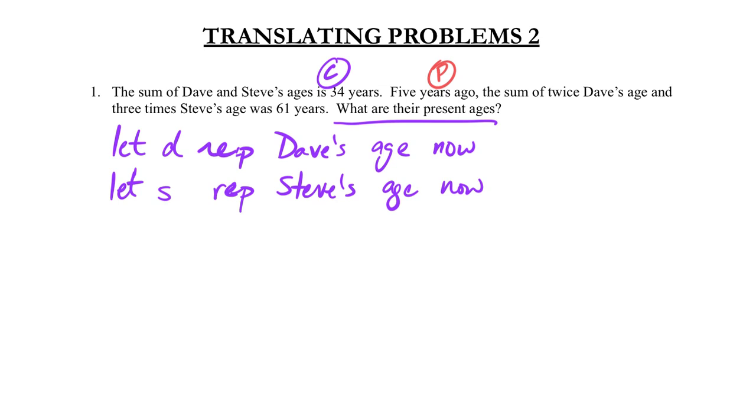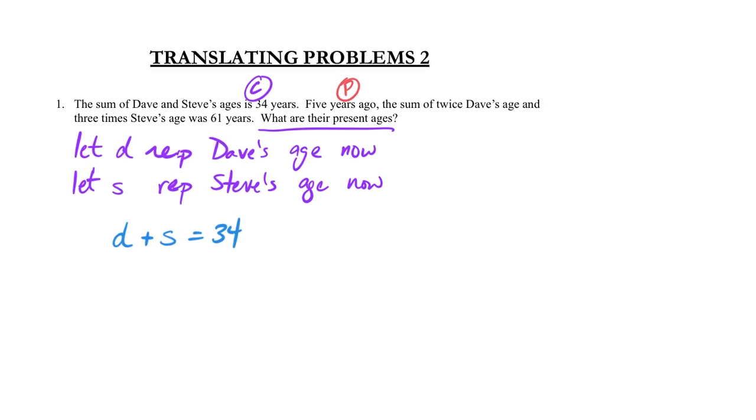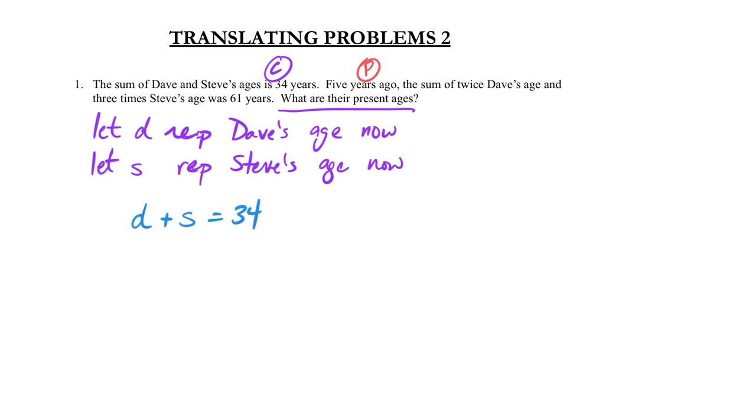well, okay, my first sentence says that Dave plus Steve is 34 in the current time period. And then I could adjust for the other time period. Now, I'm going to shrink this down and slide this over because I'm going to create two then statements.